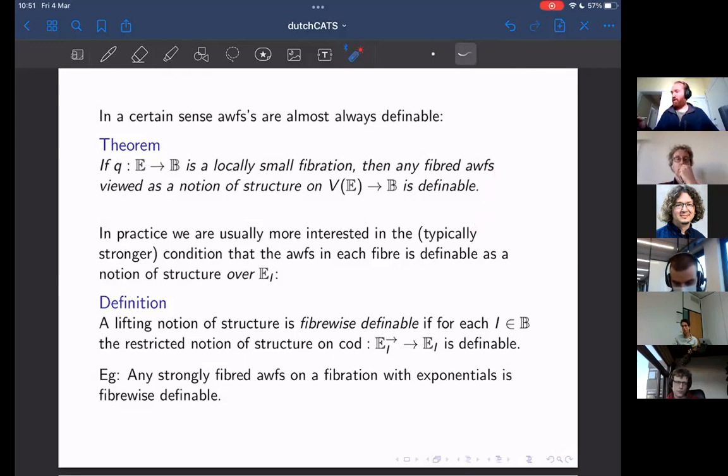What we want is actually this alternative definition, which is in practice harder to satisfy, and which I'm going to call fiber-wise definability. A lifting notion of structure is fiber-wise definable if, for each I, the restriction to I, which is just an algebraic refactorization system on E_I, is definable.